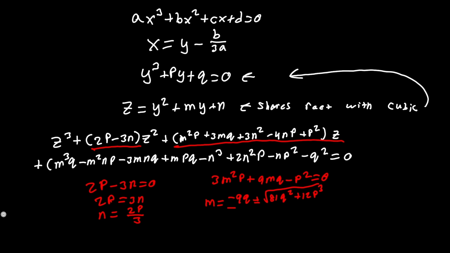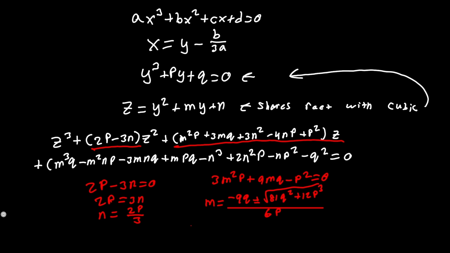And that is all divided by 2 times 3p, which is 6p. So we see here that we just have to plug in m and n into the constant. So we now end up eliminating the two terms z squared and z.